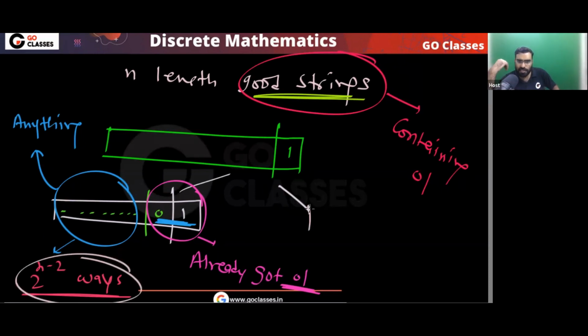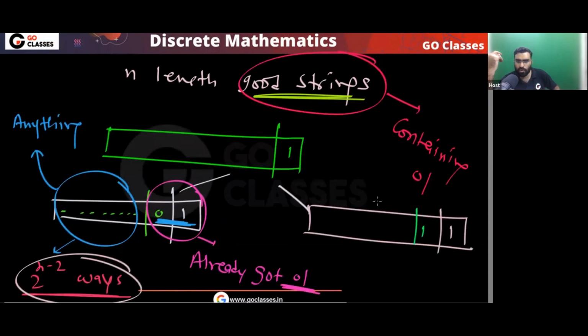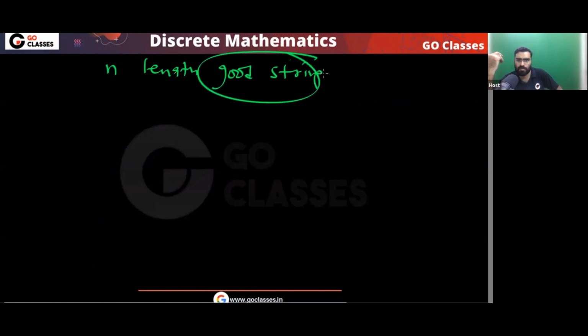But there is something interesting here. If I put 1 here and this symbol is also 1, now what to do? This case is pending. Now tell me, I want an n length good string.